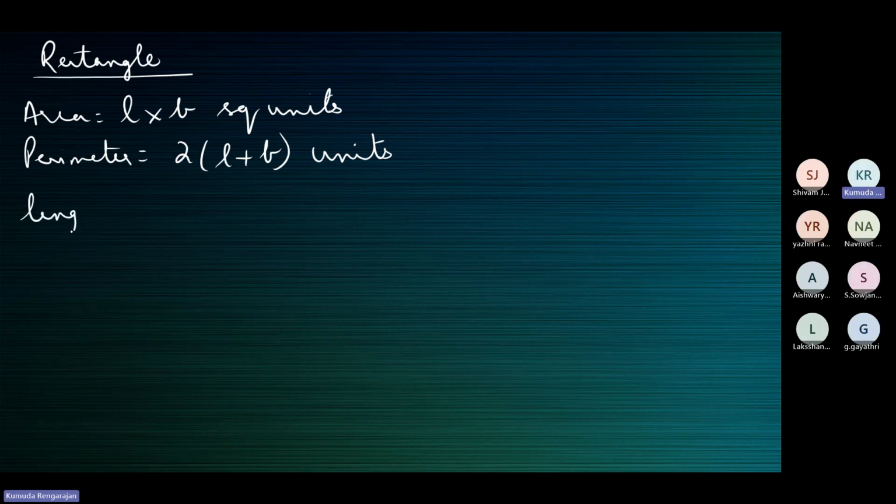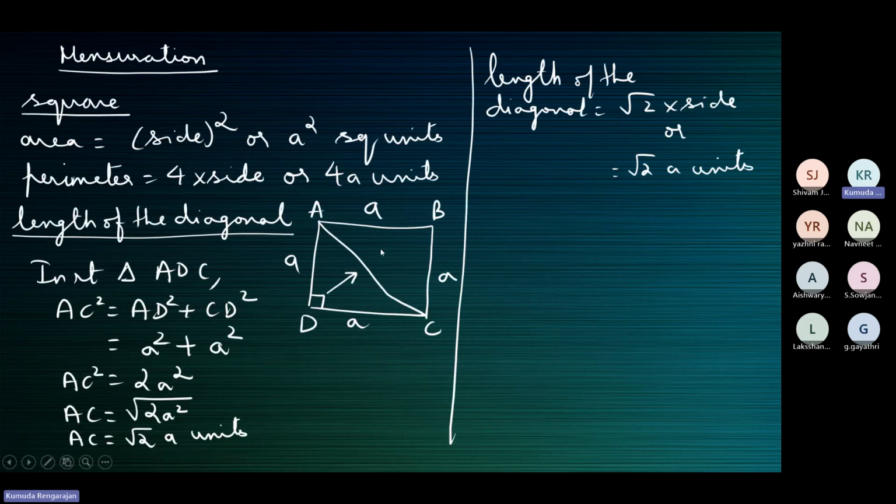Length of the diagonal of a rectangle. In both a square and a rectangle, the diagonals are equal. Here we found the length of the diagonal AC. The same will be the length of the diagonal BD, because in a square, diagonals are equal.